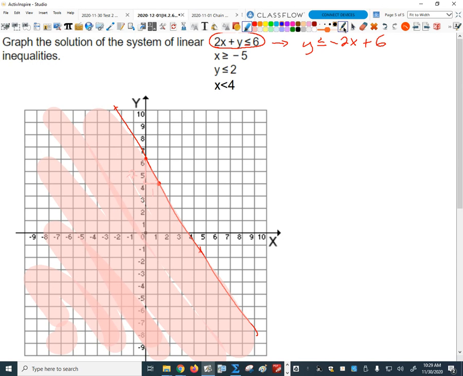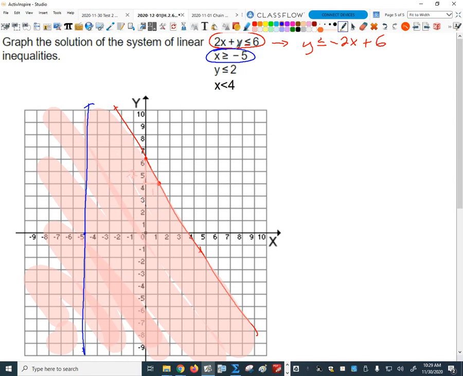Next one's pretty easy, right? X is greater than or equal to -5. What's that going to look like, Carrie? What's our boundary line? -5. It's going to go to the right. Yeah, okay. So what's the boundary line look like? Up and down. Okay, so vertical line, good. And it's solid, isn't it?